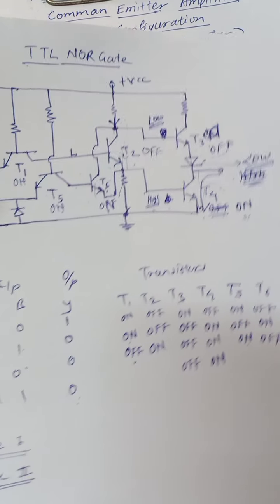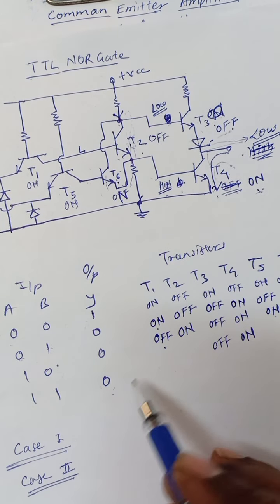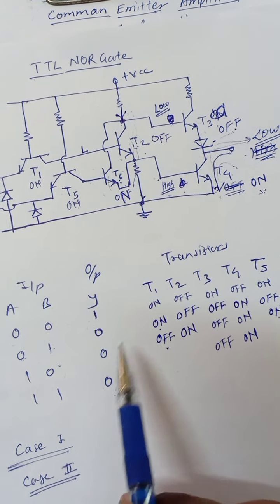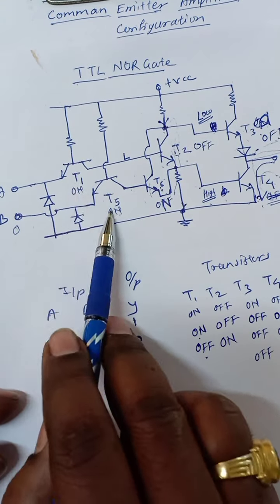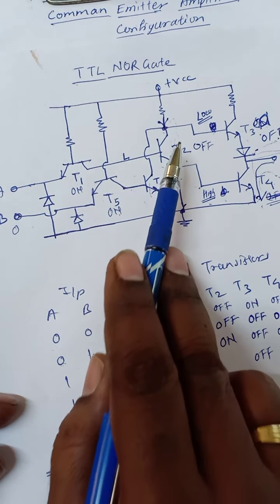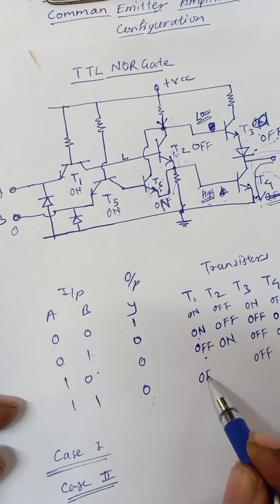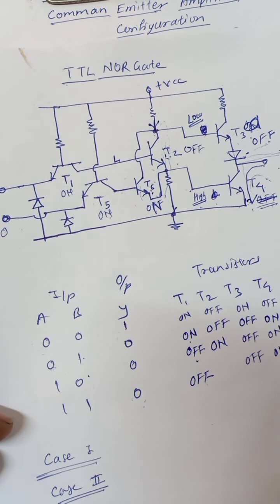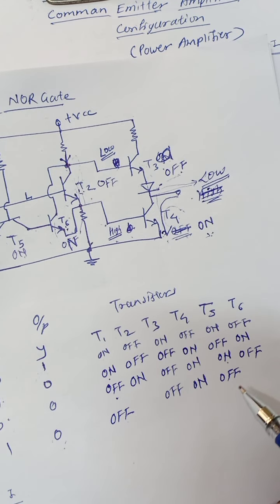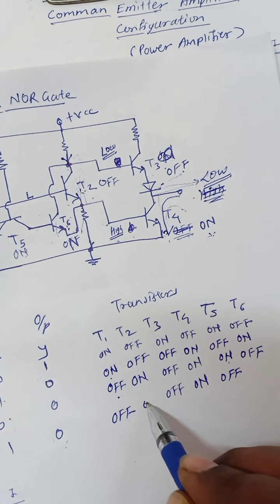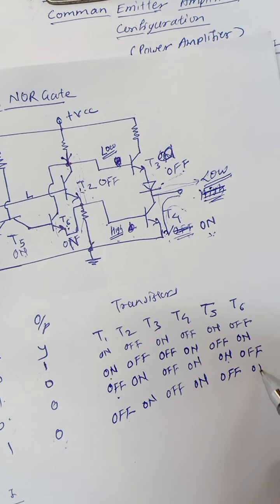Okay, so after that for 1 1, both the transistors remain in on state. So this remains off and T5 also remains off. Because of that, this will turn on and this will turn on.